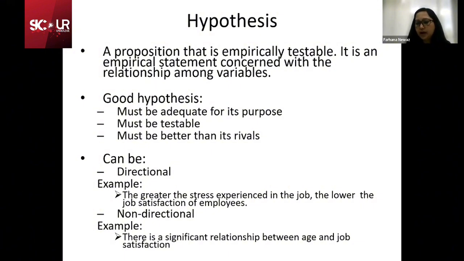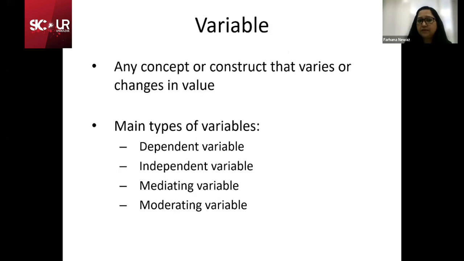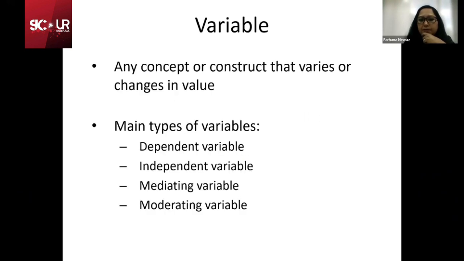So when you state the relationship between the two variables, you need to make sure you are choosing the variables and stating the relationship in such a manner that later it will be testable. That relationship must be testable, or you must be able to get the result of the relationship of the variables. So then later on, what will happen? What I was trying to say, proposition, right?